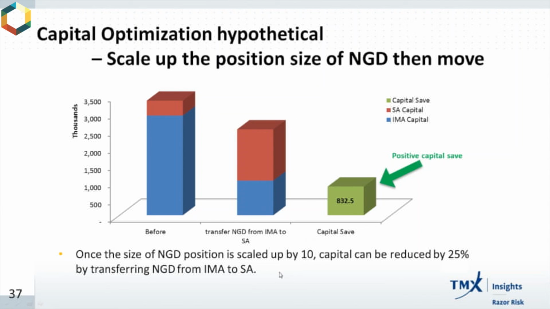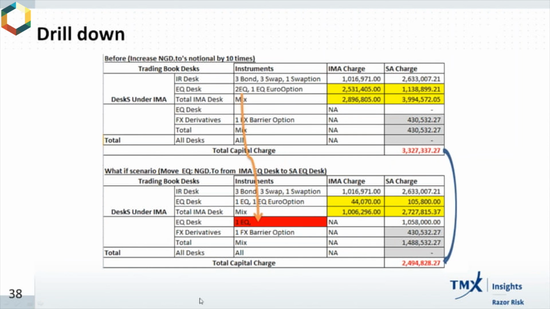So the total capital is saved by 25%. The reason is that this time the position has a much larger exposure, which can overwhelm the diversification effect. And this is the breakdown of this move.